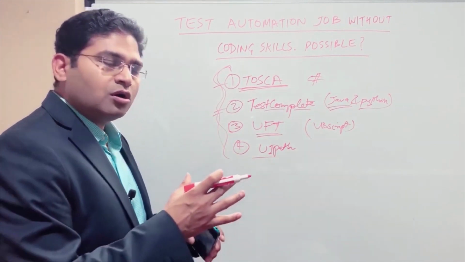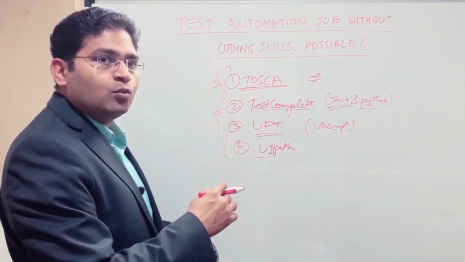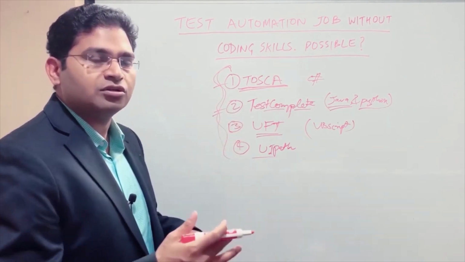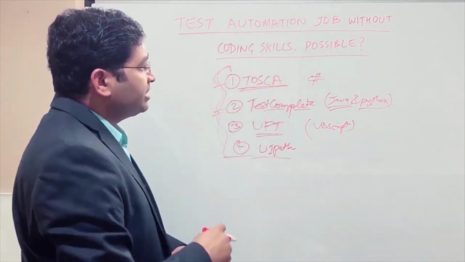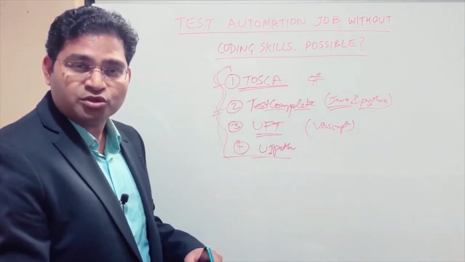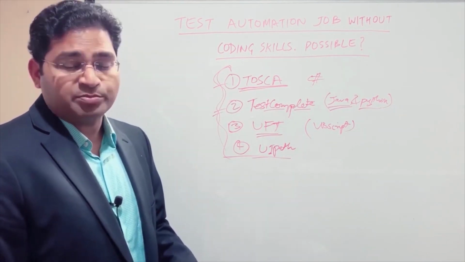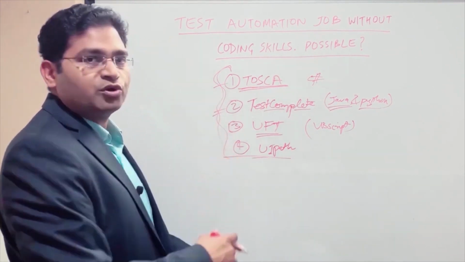Even if you don't have those skills, you will still be able to pick up these tools, and while learning them, you will be able to think logically and build solutions using them. So the short answer to this question is yes, it is possible, and no, it is not possible, depending on where you want to reach in your career aspirations. If you want to reach test architect, you need to learn a programming language.